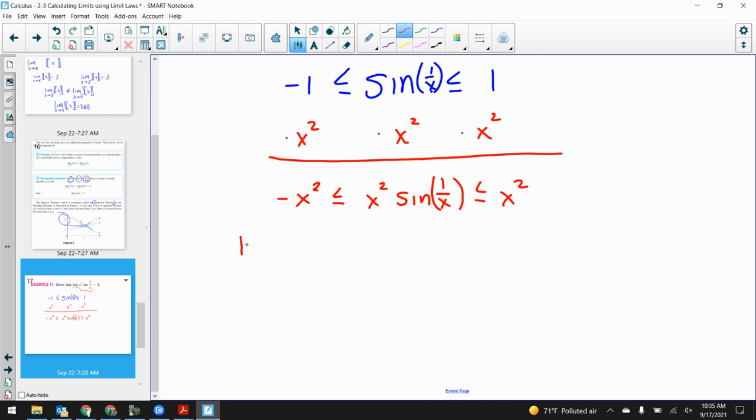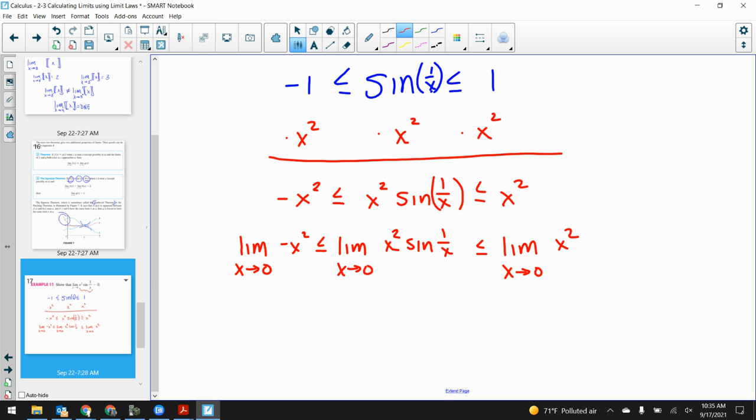So I can say the limit as x goes to 0 of -x squared is less than or equal to the limit as x goes to 0 of x squared sine 1 over x, which is less than or equal to the limit as x goes to 0 of x squared.